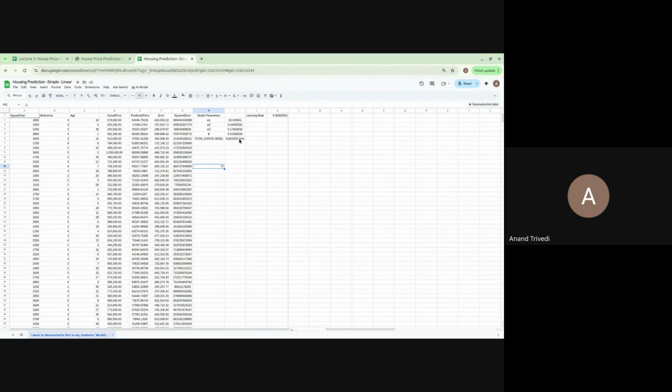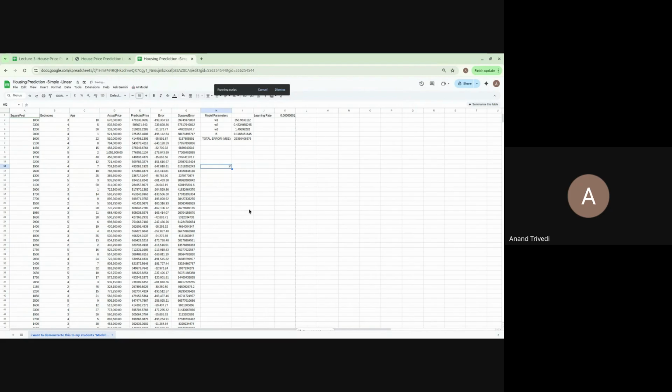Error is still very huge, and my weights have learned, and if you see the predicted price and actual price are getting closer, and if I just run it for 100 steps, it has started learning. It will take a while.